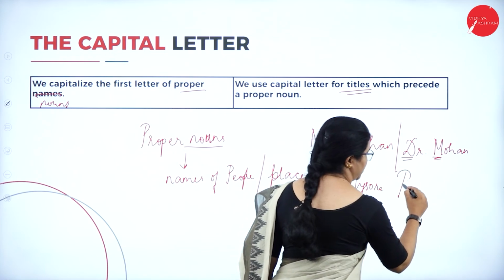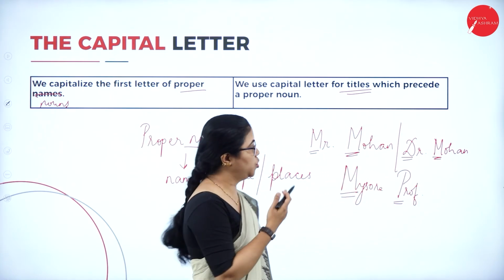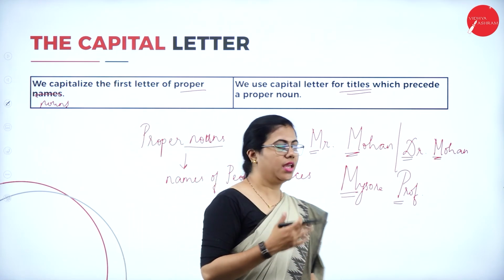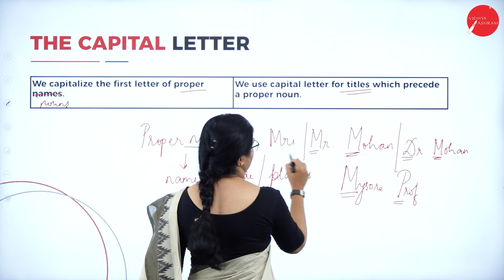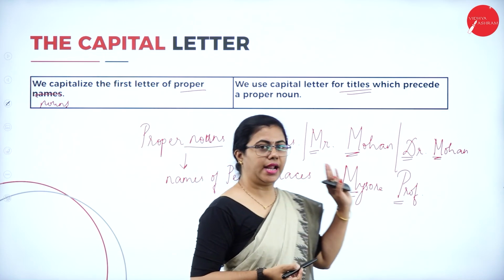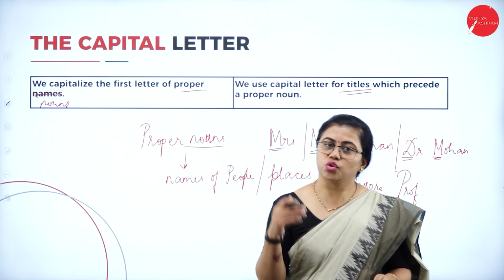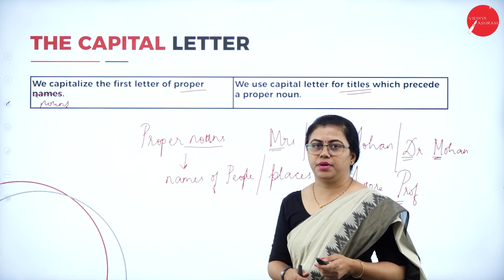If you're writing Professor, there also P should be capital. So Professor, Doctor, Mr., all these are called titles. Mr., Mrs. Mohan, if you say, there also M should be capital. So these are the titles, Mr., Mrs., Professor, Doctor. There also you have to write the first letter in uppercase.